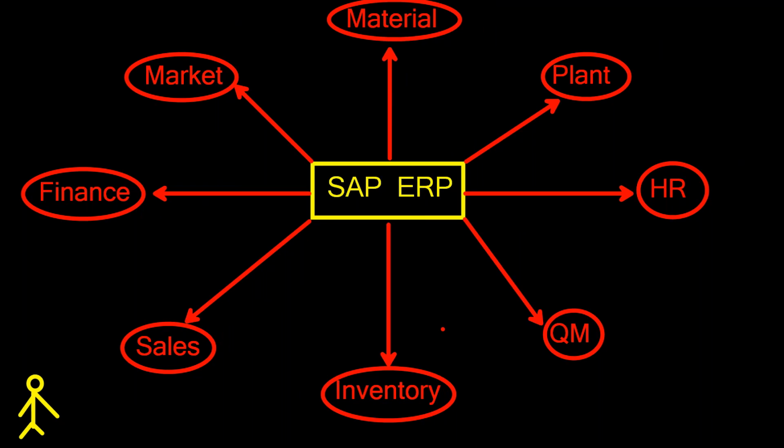One more thing here: no need to install a separate SAP sales module, SAP finance module, SAP marketing module, SAP material management module, plant module, HR module, quality management module, and inventory department module. Only SAP ERP is enough.